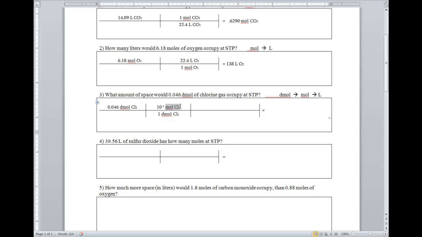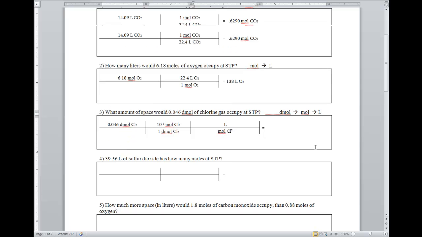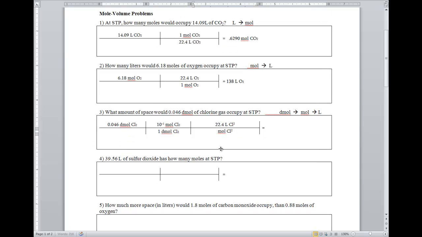Next we have moles over here, so we want to get rid of moles, so we'll put moles down here. We want to convert to liters, so we'll put liters over here, and it's 22.4 liters for every 1 mole. Therefore it'll be 0.046 times 10 to the negative 1; you should be entering into your calculator 1 e negative 1, and then times 22.4.